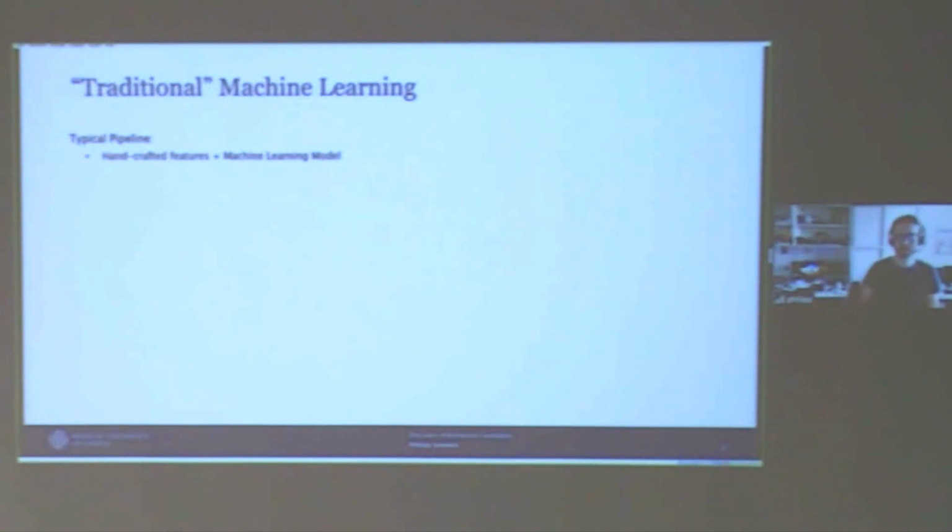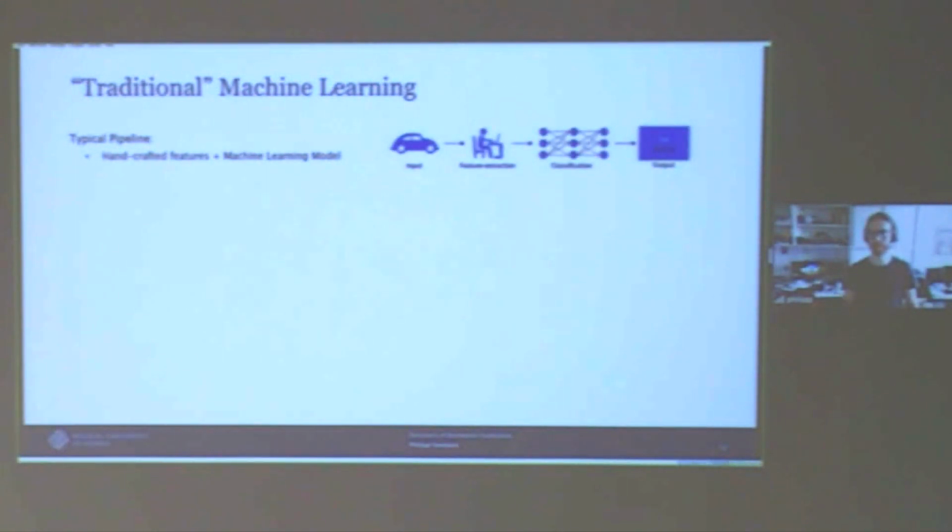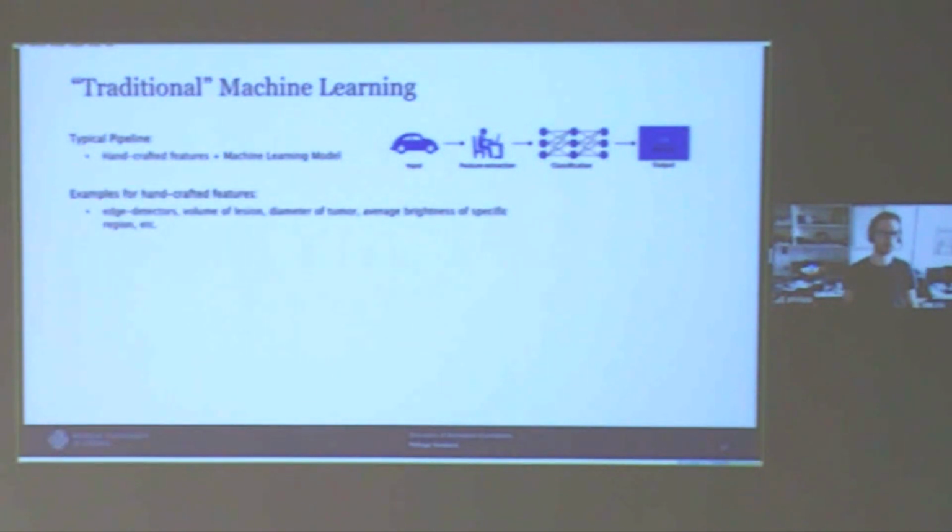So as I said, the traditional pipeline, which was used before deep learning, is using handcrafted features, and on top of these features applying a machine learning model. So here you can see this pipeline. You have the input, then you have a human hard coding the features, and then you train a machine learning model on top of these features, and then you have the output. Or you can train the model to get a specific output. Examples for these handcrafted features, I just mentioned them. So here's just a visual example for what I said in words.